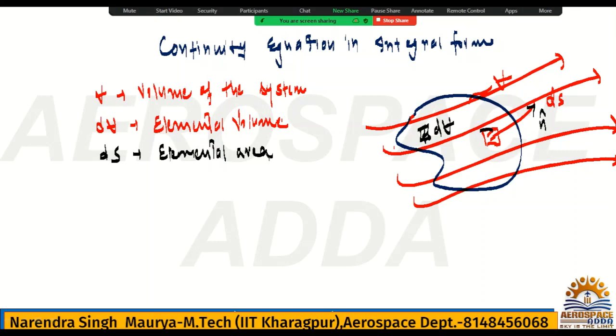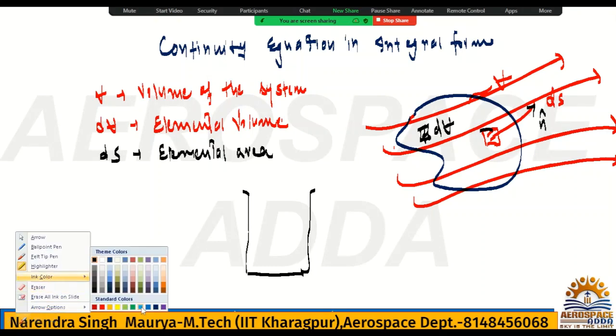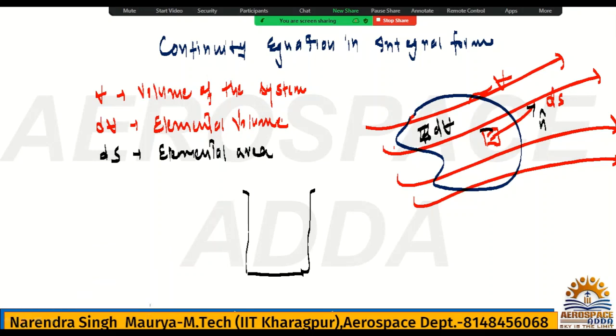Now for this system, I will simplify the diagram so it will be easier to understand. Suppose this is one control volume. Now suppose this is a vessel, and this is the liquid. How are you getting the liquid?